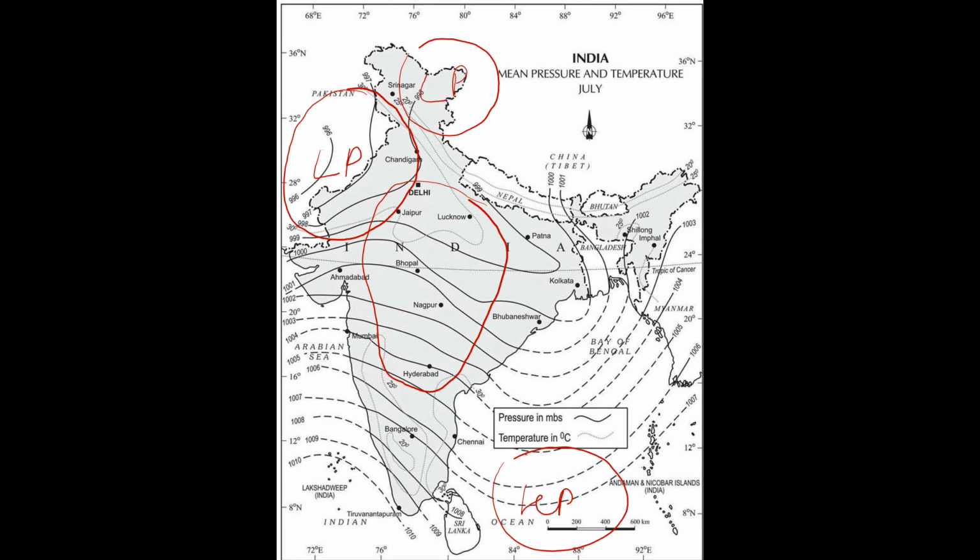So any place which is in the middle of the country, in the continental region, will experience such extremities. On the other hand, if we take the example of Chennai or Mumbai, we will see that these places are experiencing maritime climate.